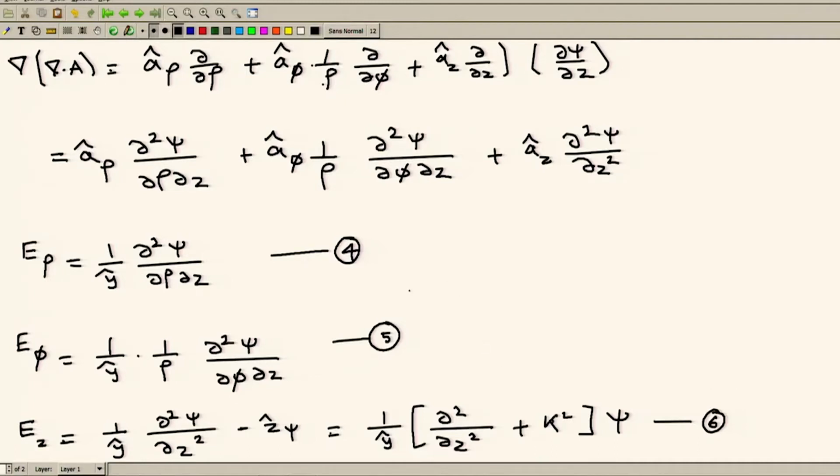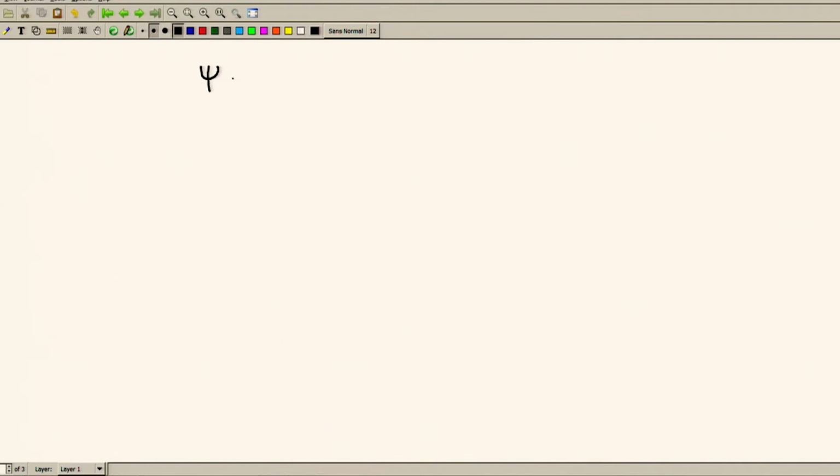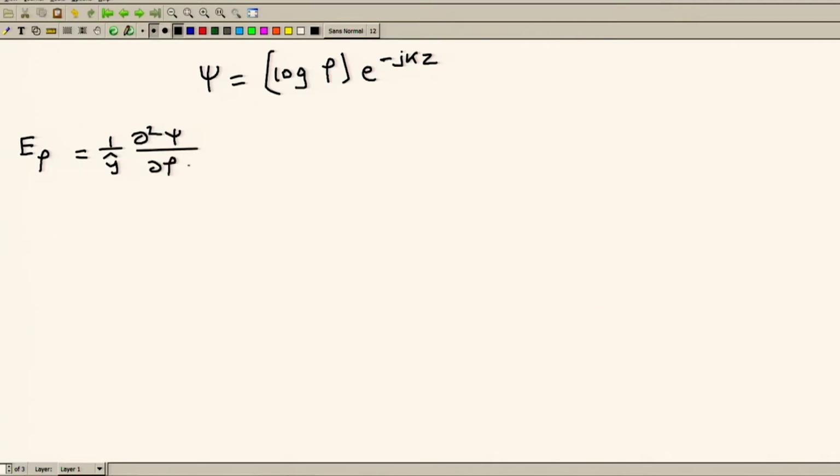Okay. Now, in the question we have psi as log of rho e to the power minus j k z. So, we will have E rho as 1 upon y cap del square psi upon del rho del Z, that we derived previously.